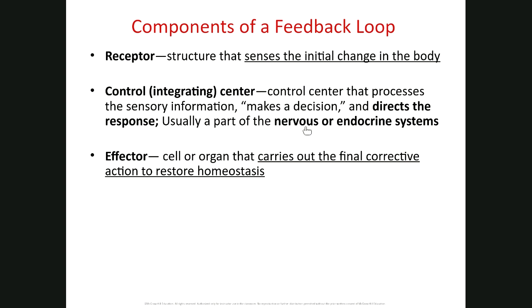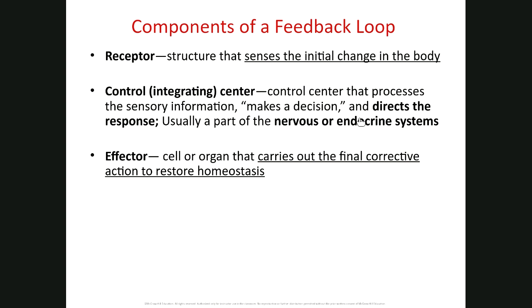And just a key thing to keep in mind, almost always, not always, but almost always, the control center is going to be a part of the nervous system. All right, so it might be a specific part of the brain, or it will be part of the endocrine system.